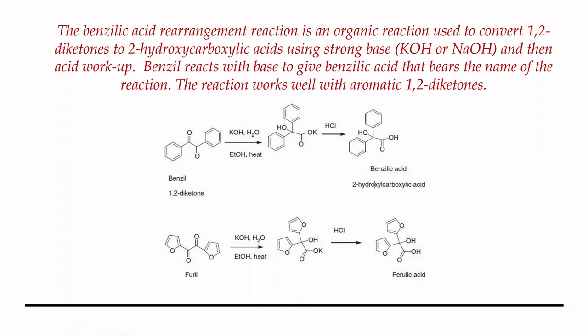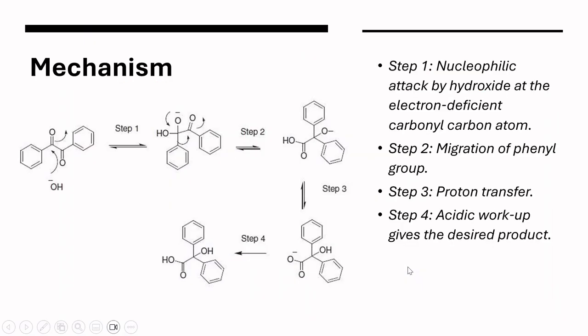This reaction works well with aromatic 1,2-diketone, but it fares poorly with aliphatic 1,2-diketone. Similarly, in the case of furil, we will get the potassium carboxylate intermediate, which on treatment with acid will give furilic acid, which is another 2-hydroxycarboxylic acid.